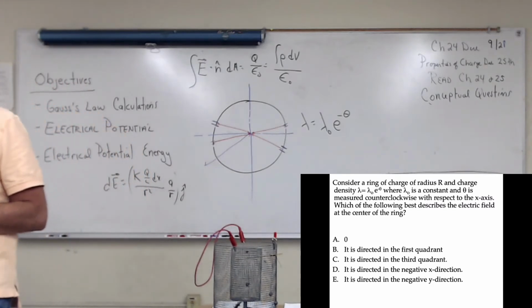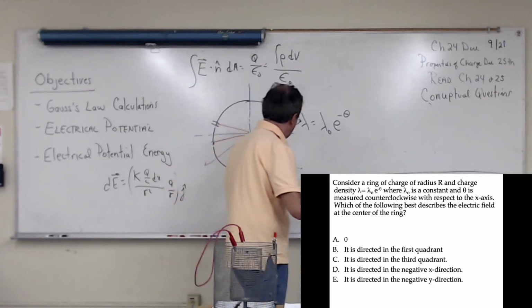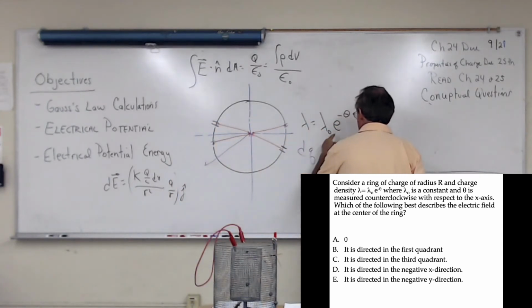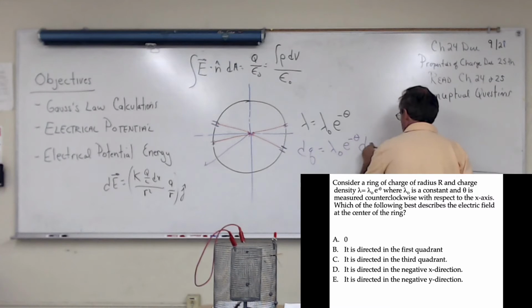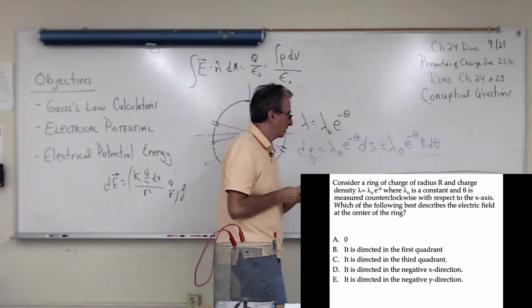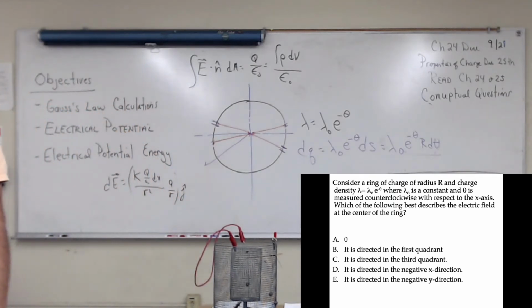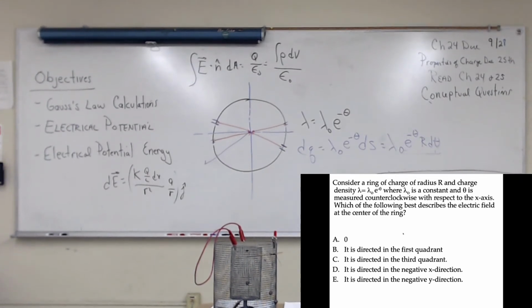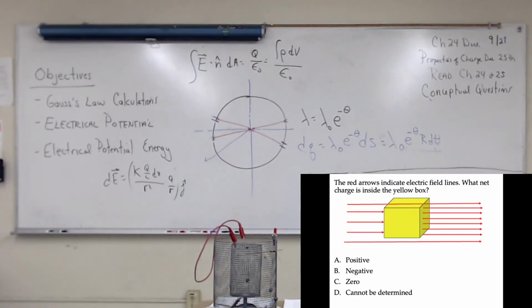It's not going to be 0, and the reason why it's not going to be 0 is because this decays exponentially. You can actually solve this problem because the integral is not that difficult. All right, let's try a couple more. Now we're doing field lines.